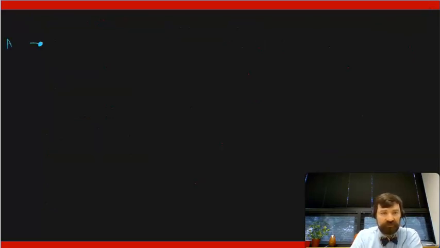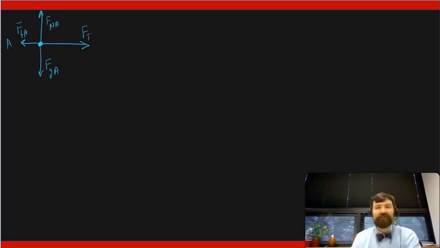So we know that there is going to be a force of friction resisting its motion. We know that there is going to be a normal force from the table. We know that there is going to be some gravity on this mass, and then we also know that tension is going to be pulling the mass to the right.